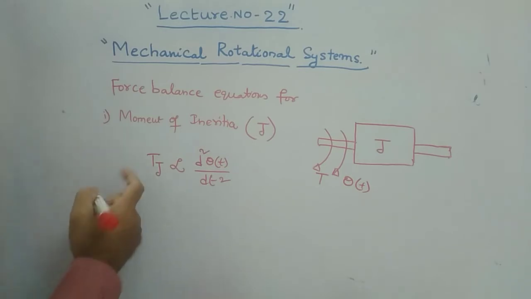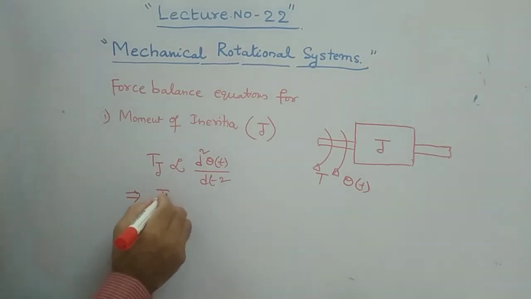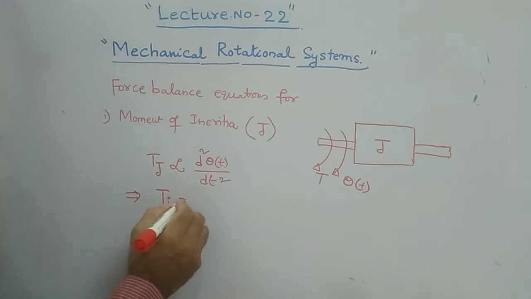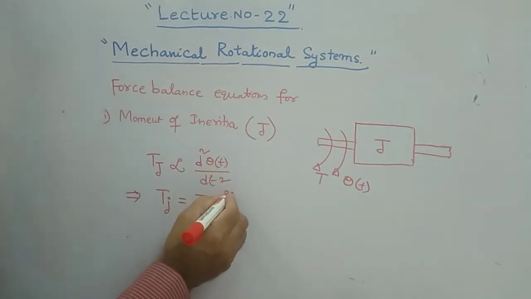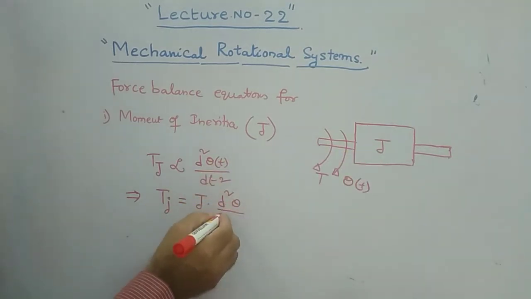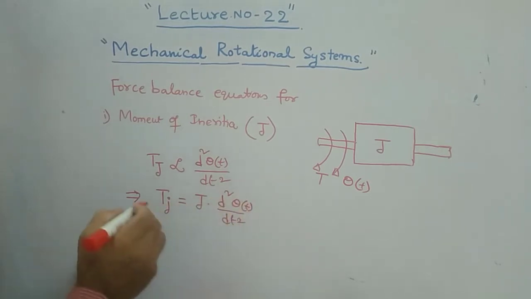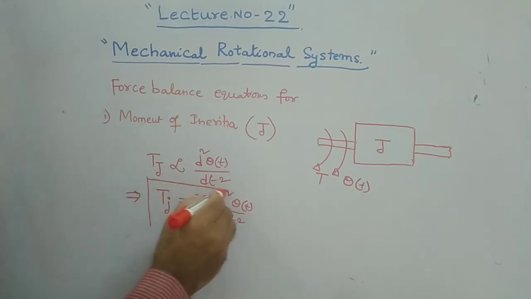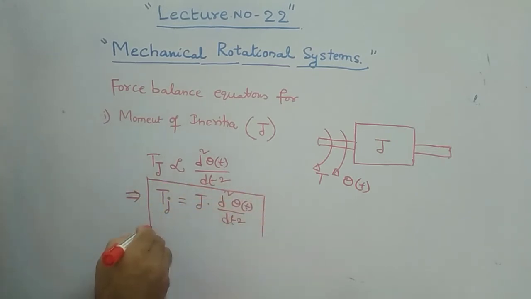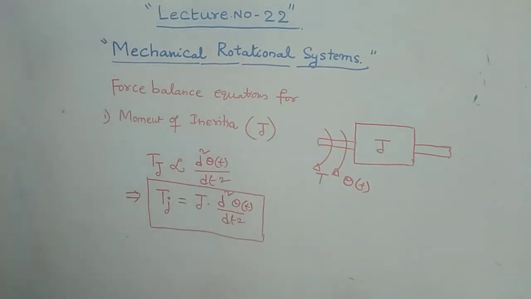Therefore, if you remove this proportionality, then T J is equal to capital J, the proportionality constant, into d square theta by dt square. So this is the opposing torque by J, the moment of inertia.